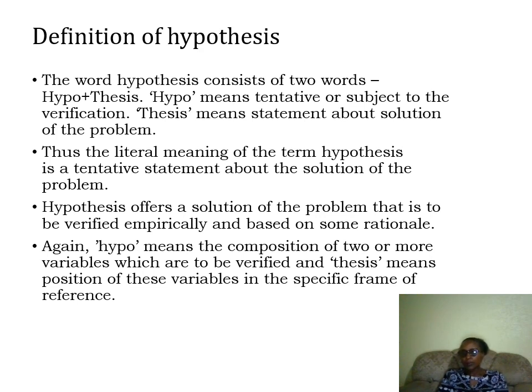So for example, if I say studying in rural areas leads to poor performance for online learners, in other words, I am proposing that because of online learning, the rural learners are performing badly.